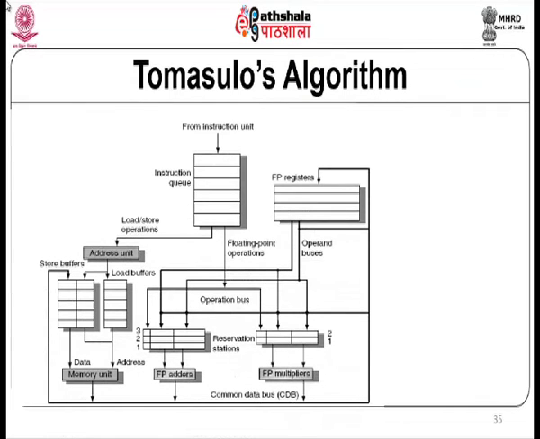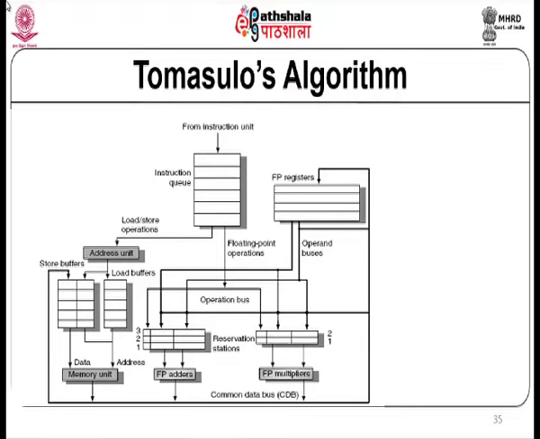So, Tomasulo's algorithm: this is the functional block diagram of the Tomasulo's dynamic scheduler. As you can see, instructions are fetched from the instruction queue and decoded, depending on what instruction it is. When you issue the instruction, once you decode it, you know what instruction it is. So, it is either allocated a reservation station entry associated with the appropriate functional unit, or it is given to a load or a store buffer.